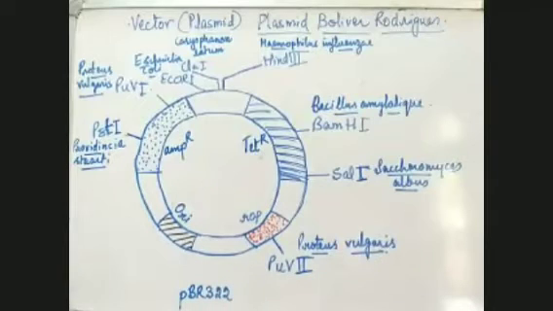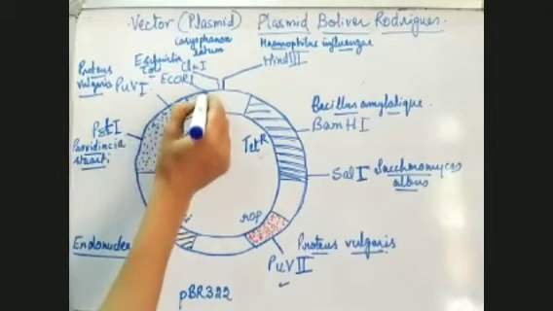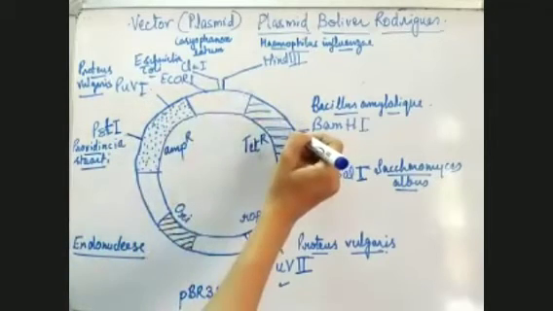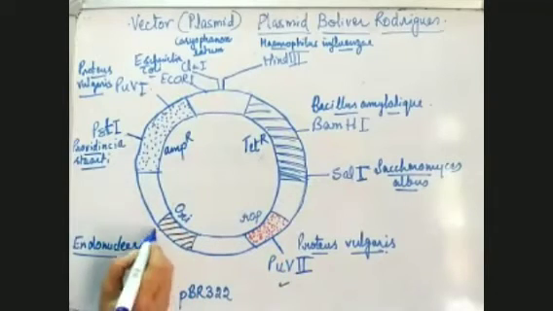These all are endonucleases. These are the enzymes which make a cut on the plasmid. And what are these places where this mark has been made? These are recognition sites.